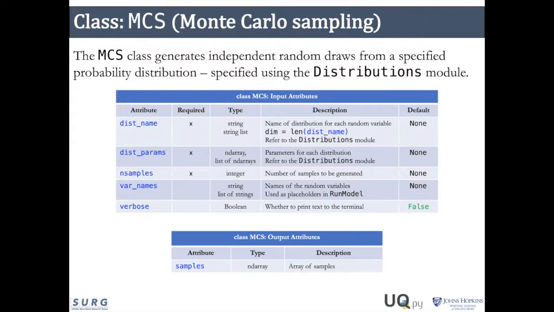Now, as an output of the Monte Carlo simulation and most of the sampling methods, we have the samples. The samples that are generated according to the specified probability distribution. The samples are an array of dimension where the number of rows is the number of samples that we have specified, and the number of columns basically is the dimension of the problem.